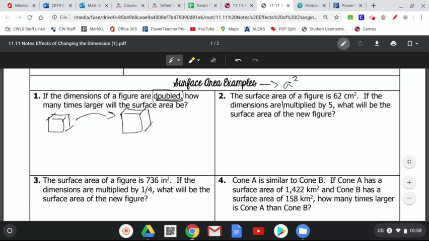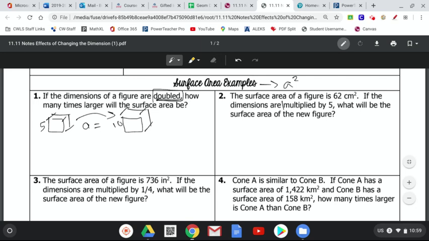So the scale factor, that a, if we double something, if this one's 5, then this one would be 10. So if one side over here is 5, the other side over here is 10. That's what we're saying there.